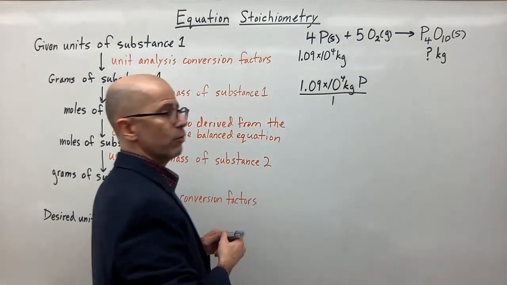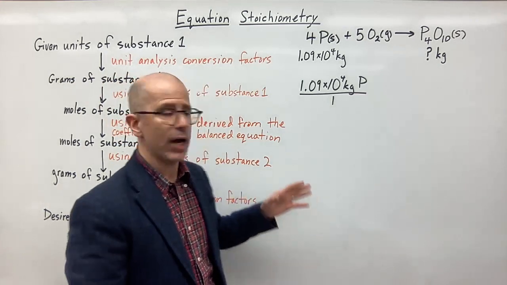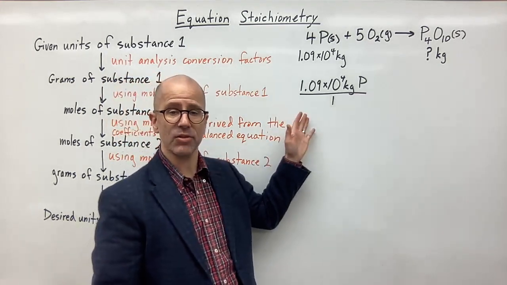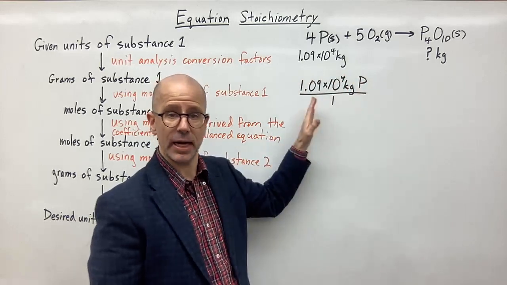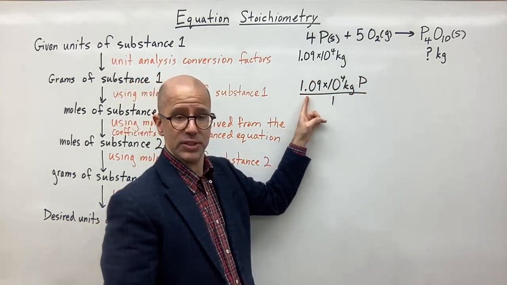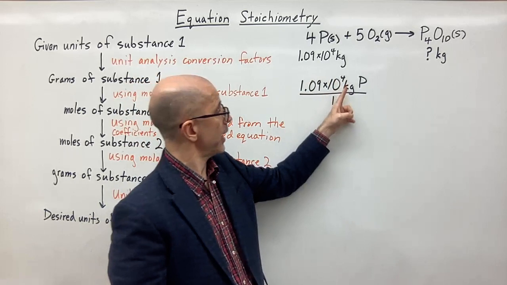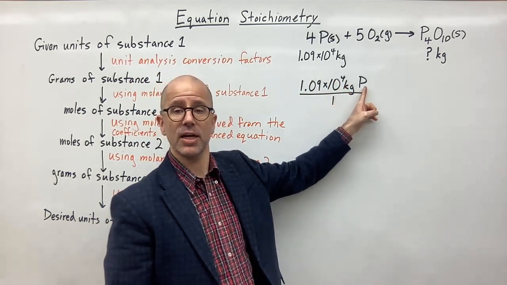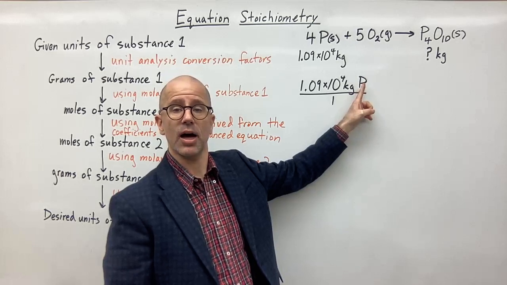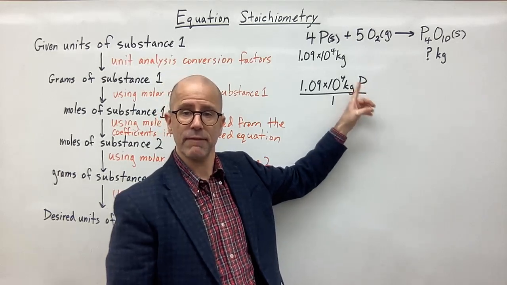Notice that when I'm doing my conversions, I always have three things in my setup. The first is the number, the second is the unit, kilograms, and the third is the substance I am dealing with, in this case phosphorus.